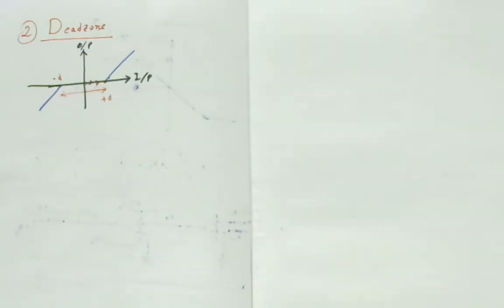So you are applying the current, but for some values of current, say up to 0.1 ampere, there is no movement of the pointer. Then after 0.2 ampere of current, the pointer moves. So for an AC ammeter, from plus 0.1 ampere to minus 0.1 ampere, there is no pointer deflection.